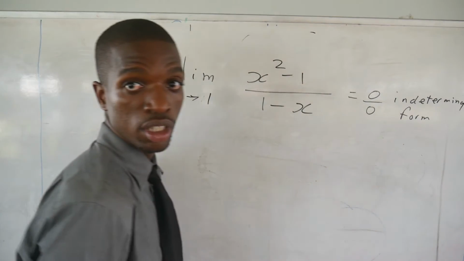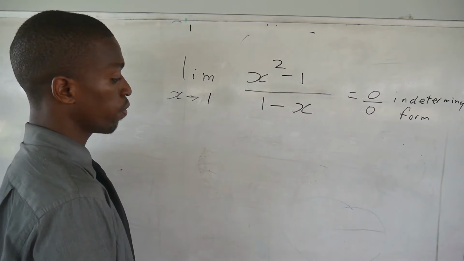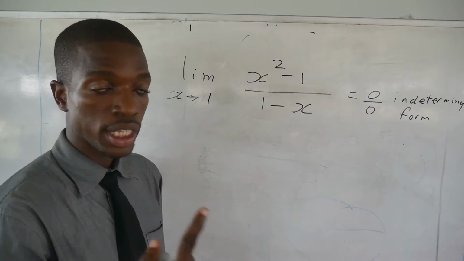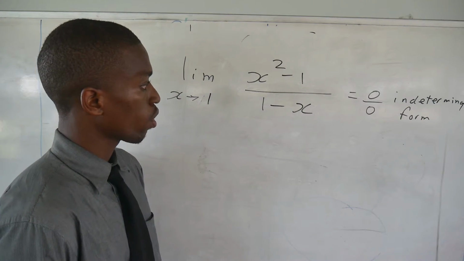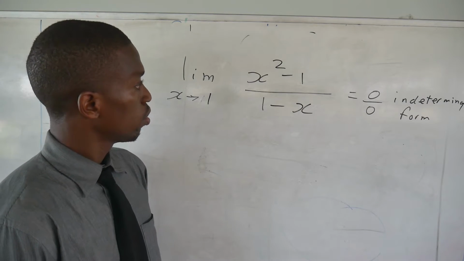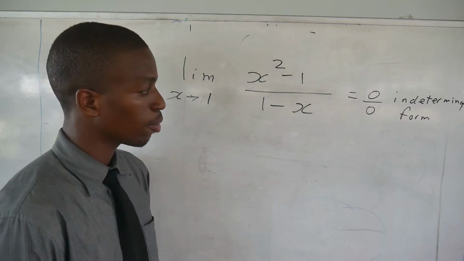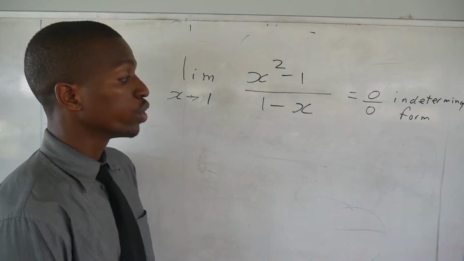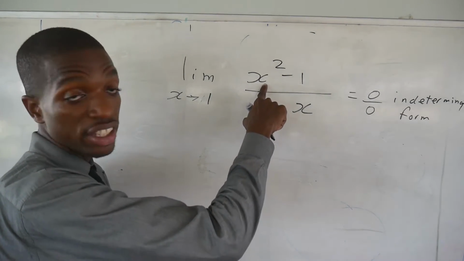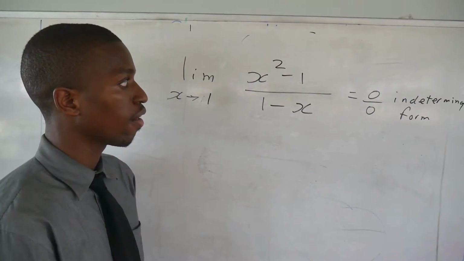So we want to factor x minus a, which is x minus 1. You see 1 minus x at the bottom and x squared minus 1 at the top. We know if we multiply this by -1, we will get x minus 1. But there is no x minus 1 here at all.